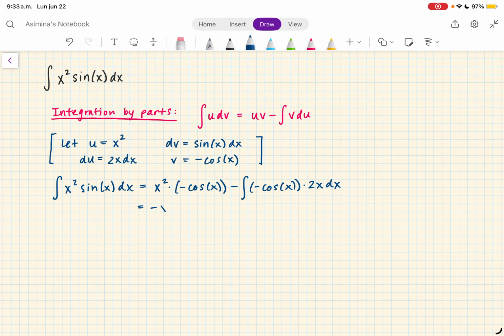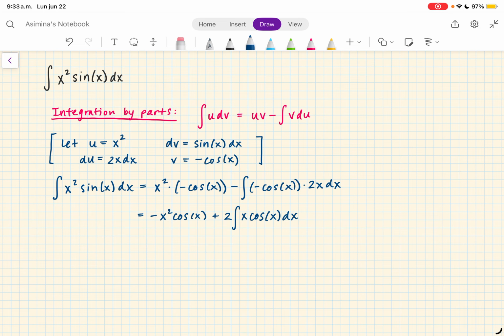So I'm going to rewrite this as negative x squared cosine of x, and now we have a minus sign here and here, so that's going to be plus that integral. I also have this constant 2, which I can take out, so I'm going to write this as plus 2 times the integral of x cosine x dx.